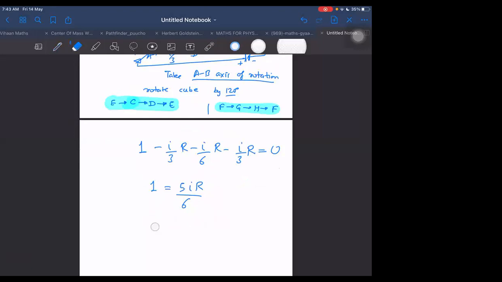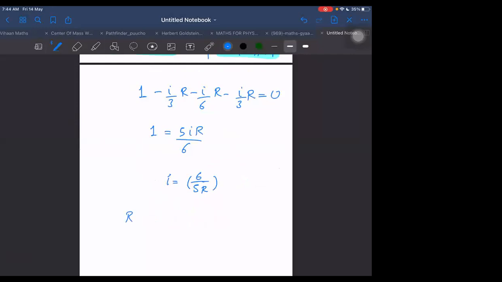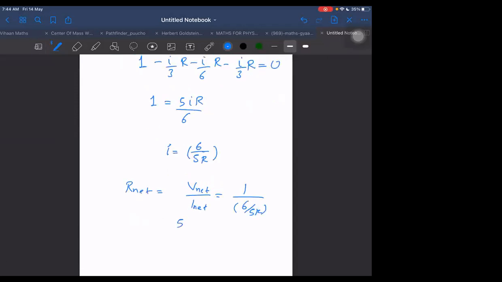I is equal to 6 by 5R. Do you know what is the net resistance? R net will be equal to net voltage divided by I net. Net voltage is here 1, and this is 6 by 5R. So 5R by 6 is our answer. R net is equal to 5R by 6.